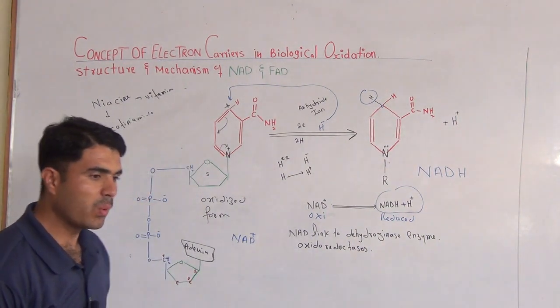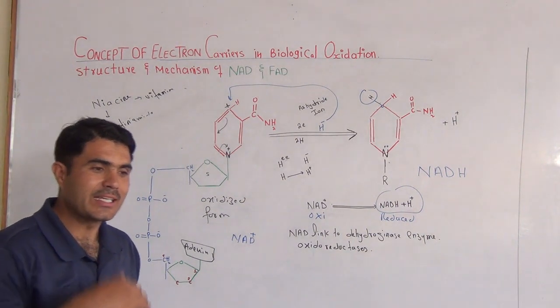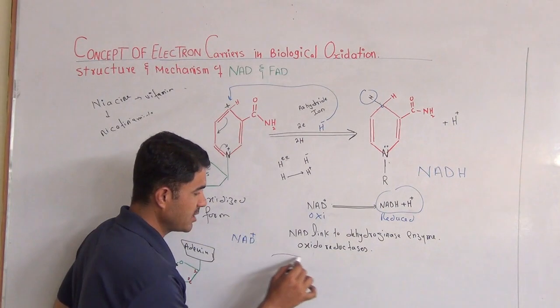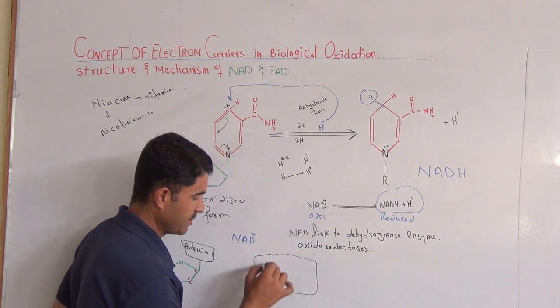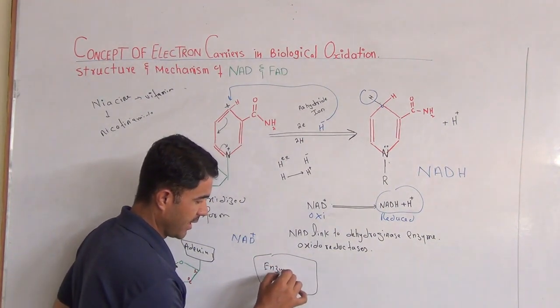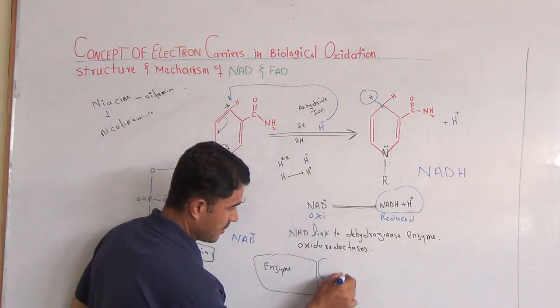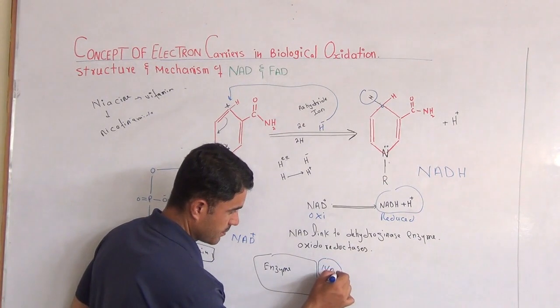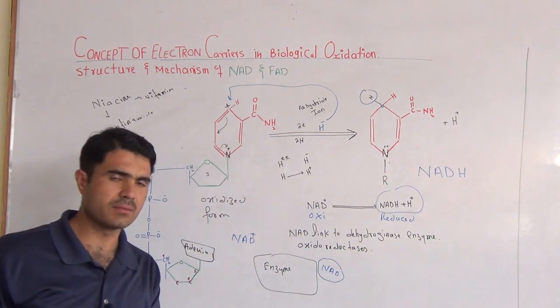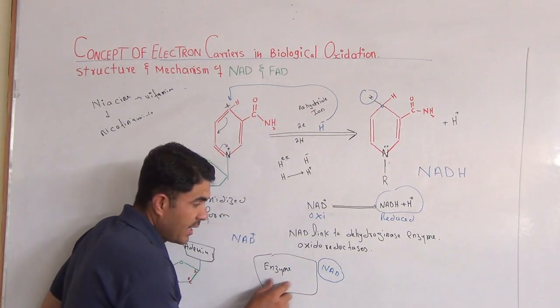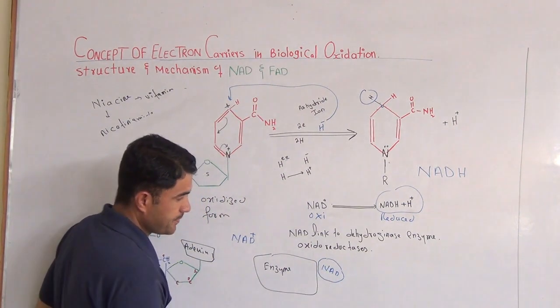So now we will come to the topic that if NAD is a coenzyme, there must be an enzyme, and with this enzyme there must be attached NAD plus or NADH. This is the protein part and this is the non-protein part.